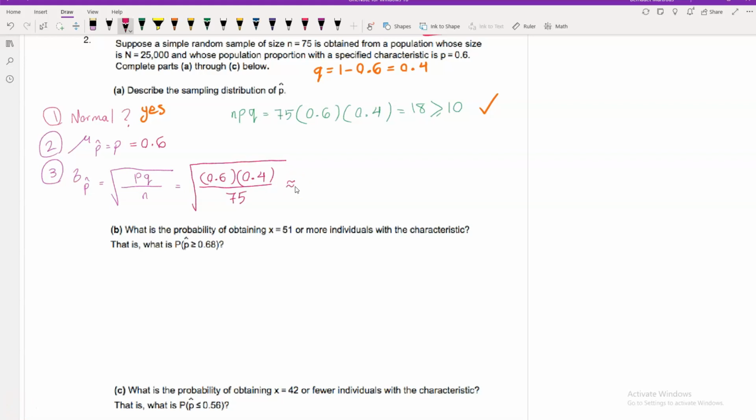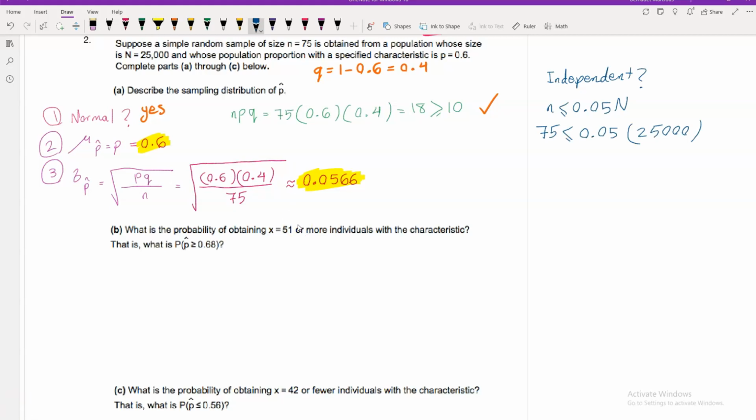So I'm rounding this one to 4 decimal places. The answer is 0.0566. So these are what we need to describe the sampling distribution.